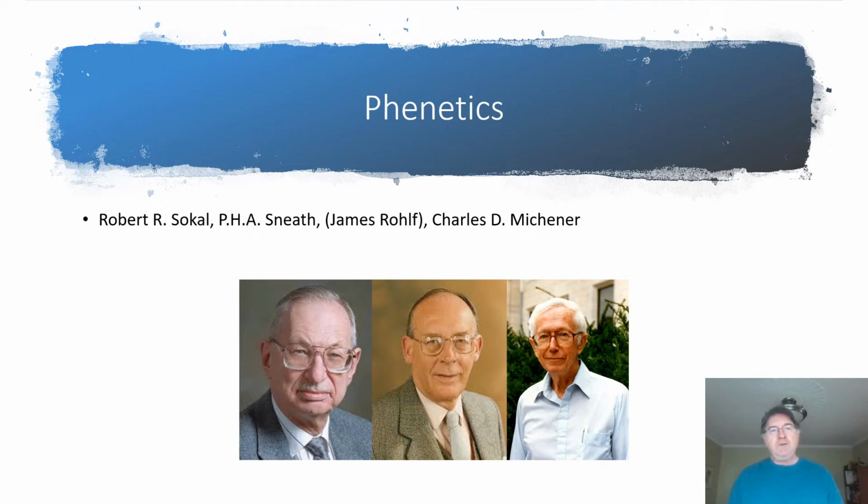So Sokal was basically a mathematician. He did some interesting work looking at variation in a gall aphid, of all things. So there is a gall aphid of the genus Pemphigus. If you find a cottonwood tree, you'll very often find the leaf, kind of heart-shaped, and then the petiole coming out.